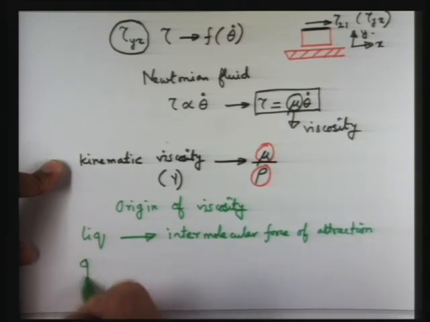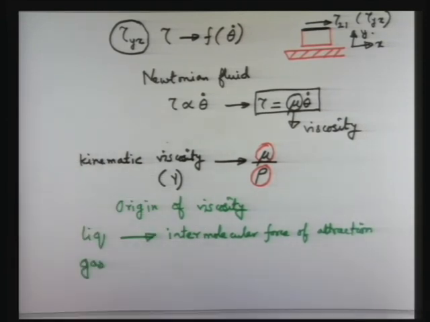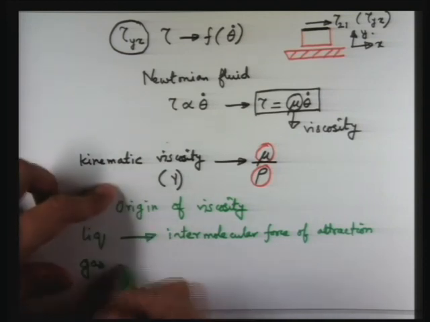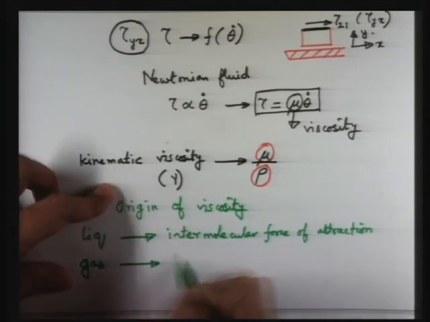For gas, however, intermolecular force of attraction is not very dominating. All of us know that gases have much less intermolecular force of attraction than liquids. So for gas, the more important mechanism for having viscosity is transfer of molecular momentum.